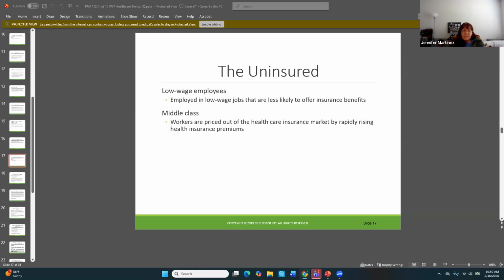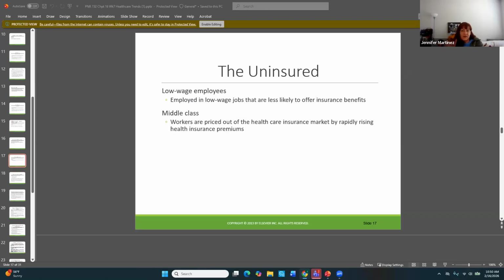So the uninsured could be your low wage employees, who have low wage jobs that are less likely to offer insurance benefits. It also could be the middle class. Some of the middle class workers are unemployed, or when you look at some of those premiums they have to pay for healthcare, that could be a reason why people are not having insurance as well, right?